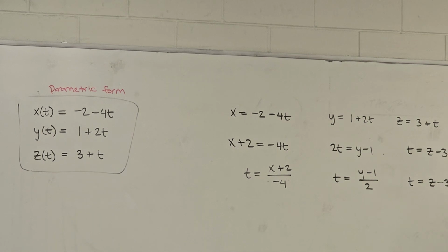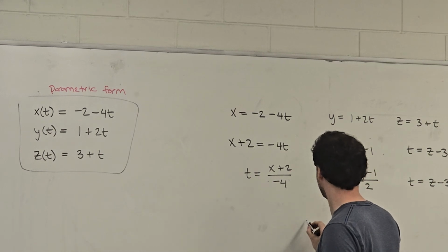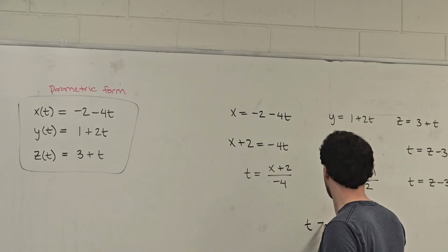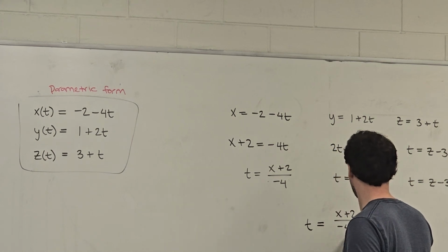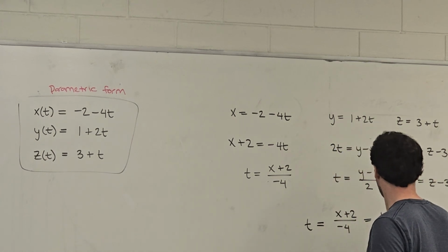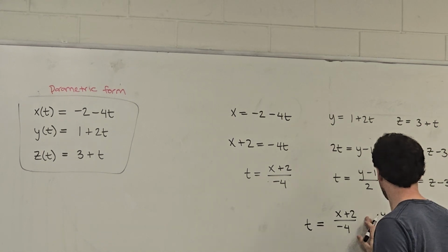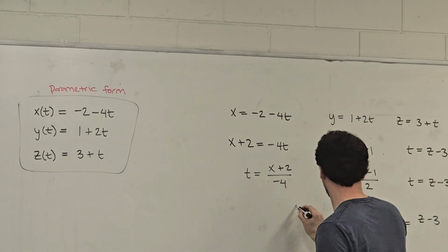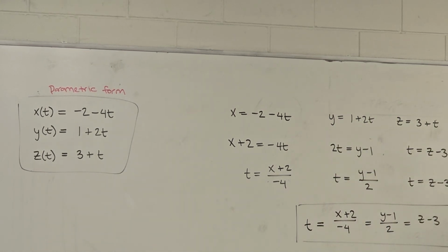Once you've solved your x, you've solved your y, you've solved your z, solved all of those equations for t, then this is what we call our quote-unquote symmetric form.